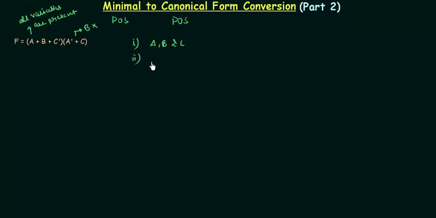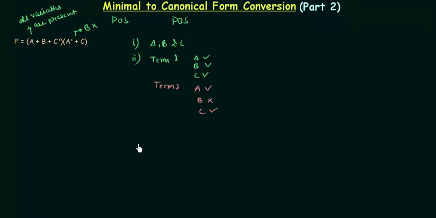So in term 1 we have all the variables present, a present, b present and c present. And in term 2 we have a present, b absent and c present. So this is step number 2.